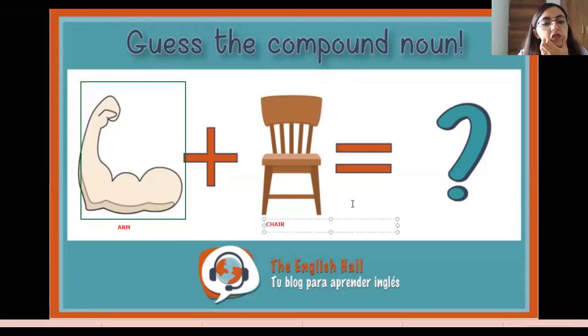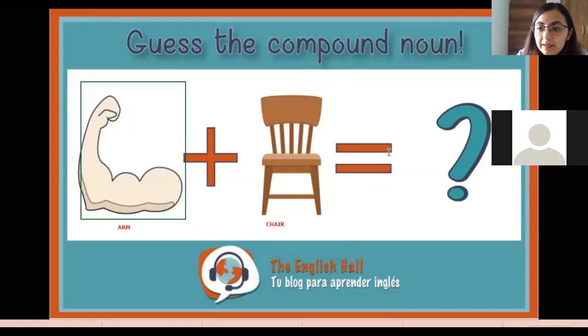So if we join these two words, we have a new different one. So we're going to try to guess the new word or the new noun here in the question mark. So the new word we have here would be armchair, right?